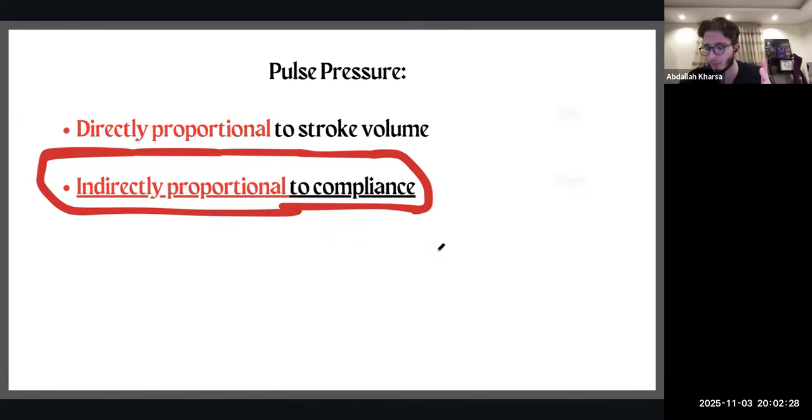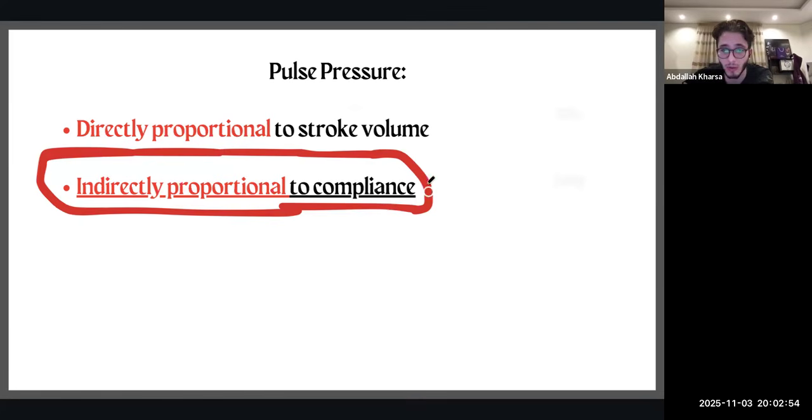Sorry, we said higher compliance. If a blood vessel has higher compliance, it's going to have a lower systolic pressure. This is because it's accepting the blood more. This is why it's indirectly proportional to the compliance. If more compliance, less change in pressure. More compliance, less change in pressure.